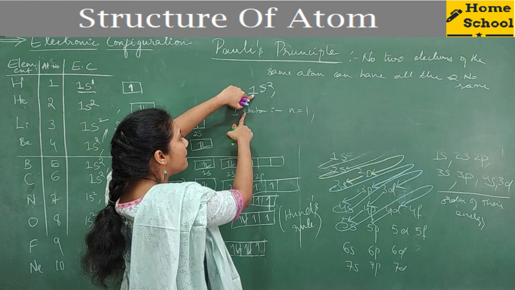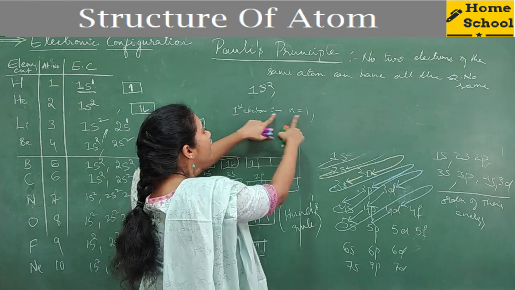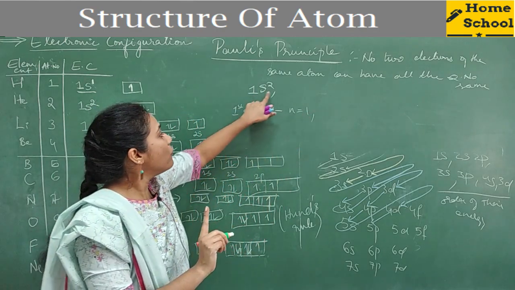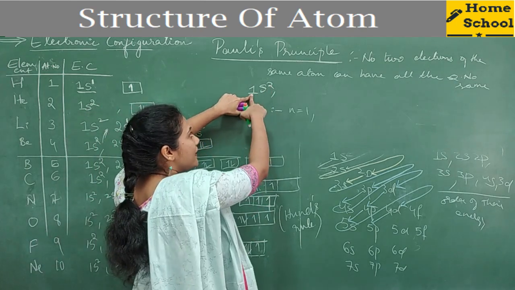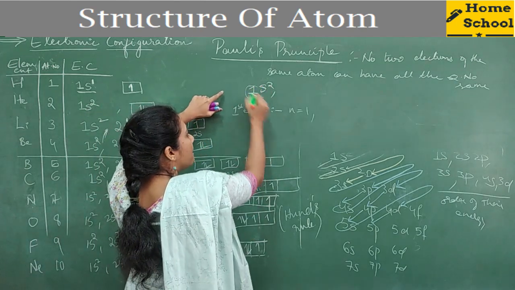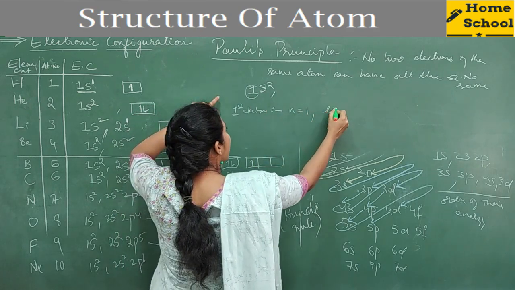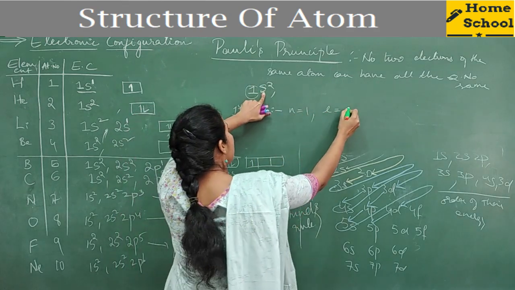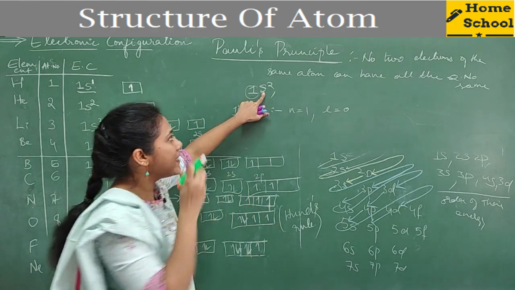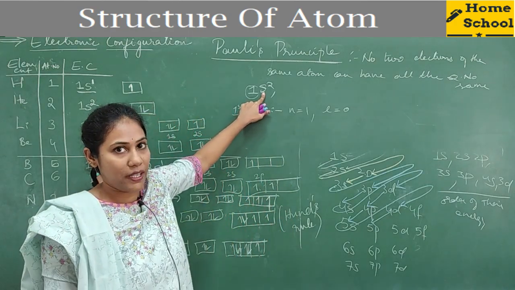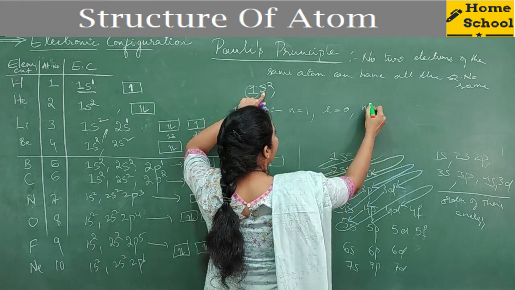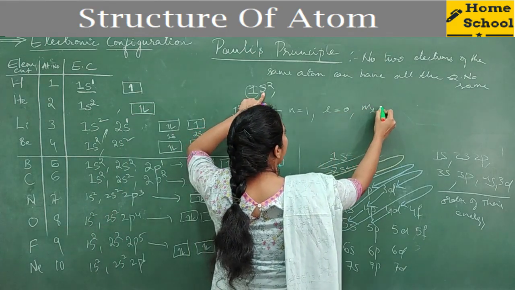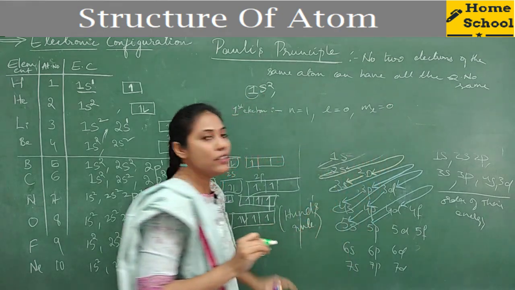I'm writing quantum numbers. I'm writing the address for the first electron. What is the n value for the first electron? It is present in the first main shell. Principal quantum number n is equal to 1. And now what is the subshell? The subshell's number is 0. S subshell means what? It is the 0 subshell. L value is equal to 0. And now what is the m value? When l is equal to 0, ml value is also equal to 0.